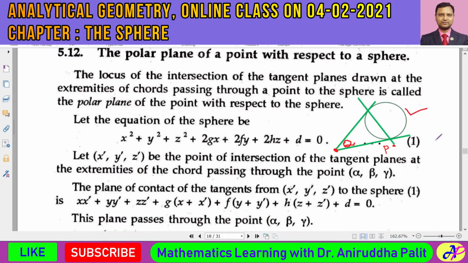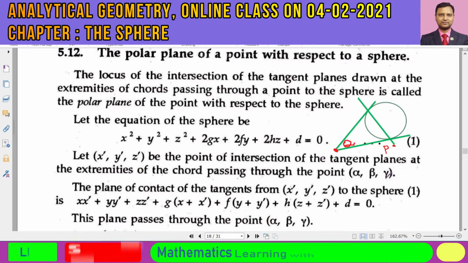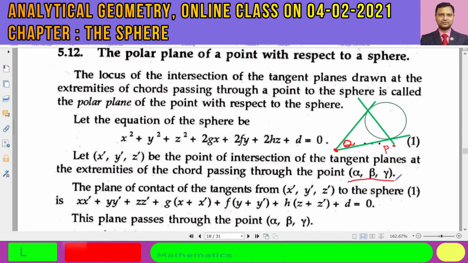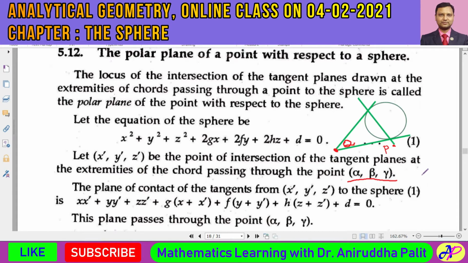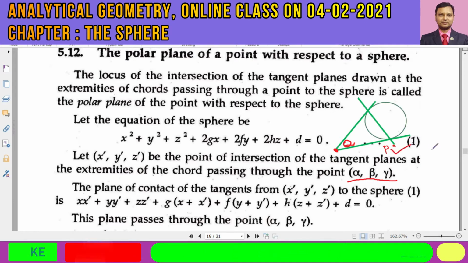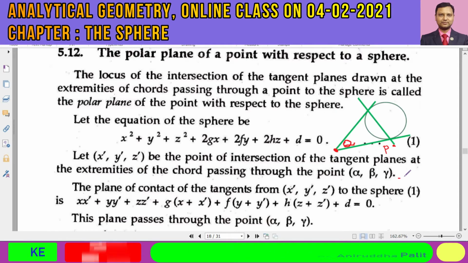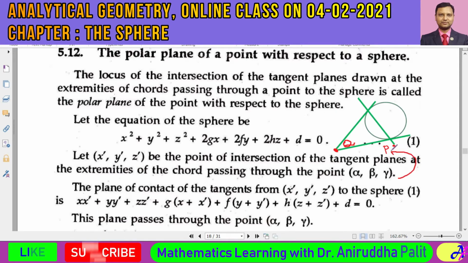And now we consider a point P, having coordinates alpha, beta, and gamma. Say this is the position of the point P.